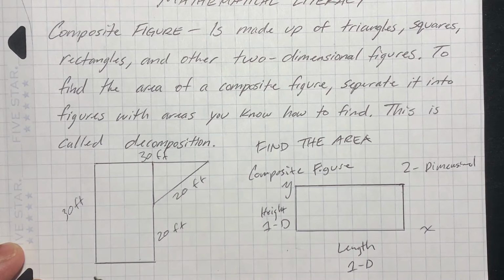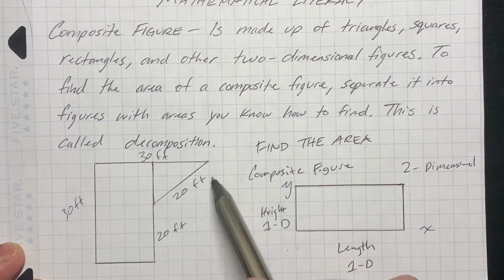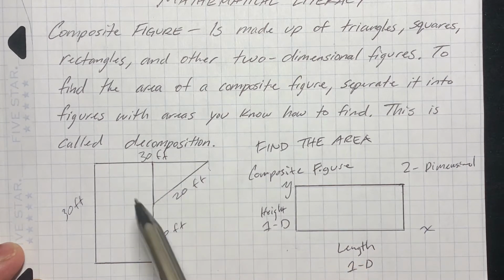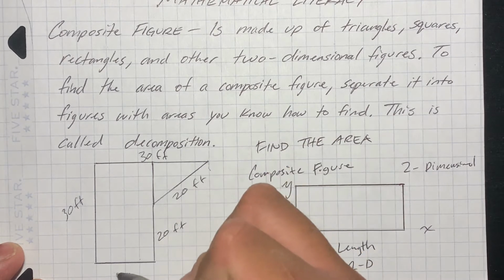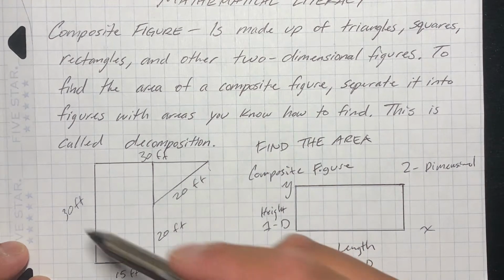So let's find an area for this. So let's say that the whole thing across is 30 feet, and if you look here, 4 and 4, so half of 30 would be 15 feet. So again, you just multiply.